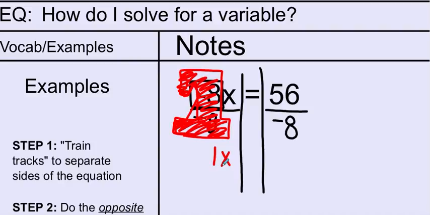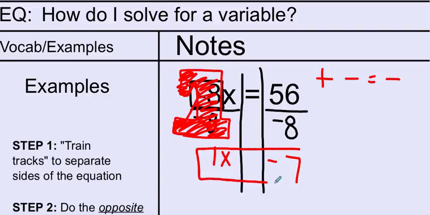Then on the opposite side, I have 56 divided by -8. I remember my rules that a positive and a negative, when they're dividing, equals a negative. So 56 divided by 8 is 7, and I know that 1x equals -7.